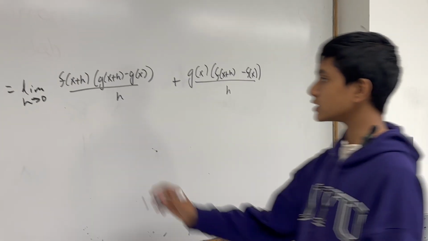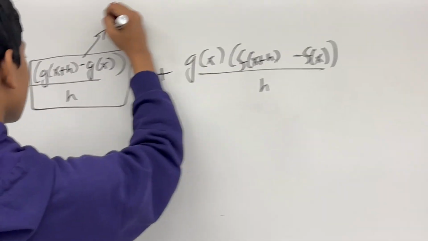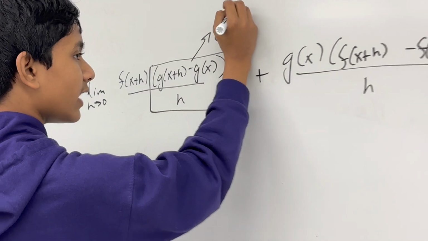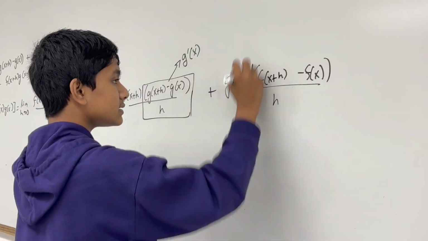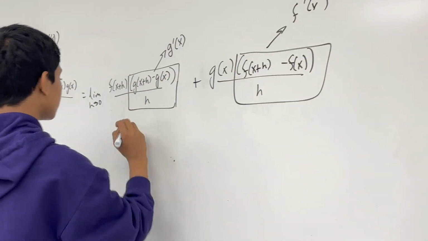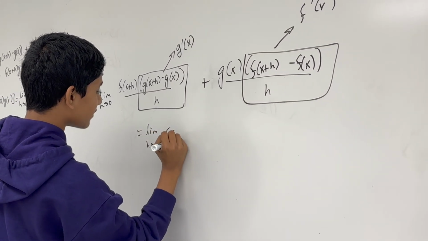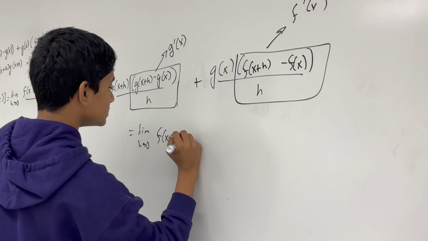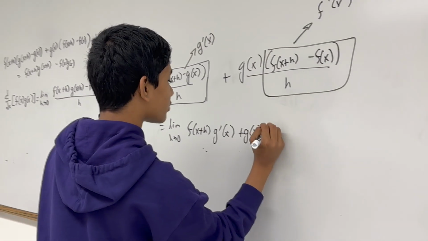And now you'll notice this right over here is equivalent to g prime of x. And similarly, you'll notice here, this is equivalent to f prime of x. So we have the limit as h approaches 0 of f of x plus h, g prime of x, plus g of x, f prime of x.